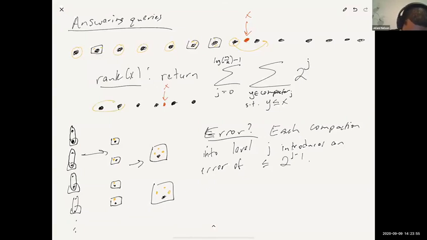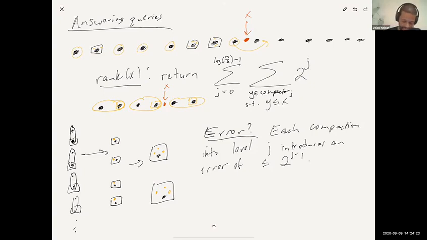So these two get merged, and this is the representative. These two get merged, and this is the representative. And then these two get merged, and this is the representative. So actually, in this case, there's no error that's introduced. There were 4 elements that were smaller than me, and they each counted as 1 element. Now there are 2 meta elements that are smaller than me, and they each count as 2 elements. So I'll still think that there are 4 smaller than me.